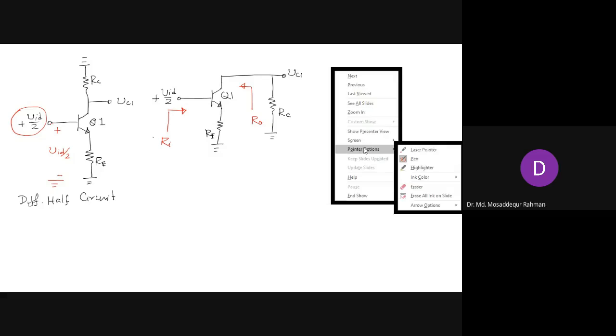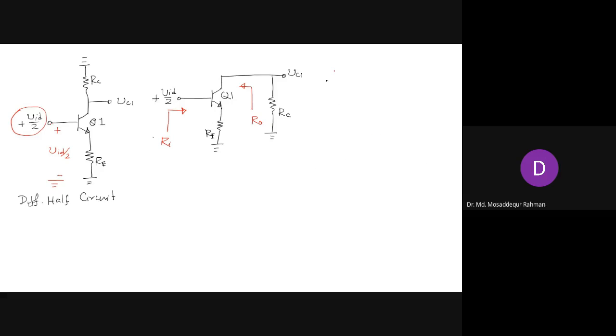What are the different expressions that we derived for this common emitter amplifier with emitter resistance? First, we start with the input resistance Ri. It is first r pi, and then plus beta plus 1 times Re. That is applying the resistance reflection rule.